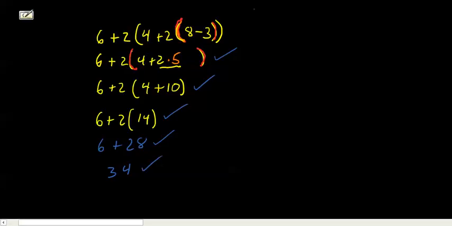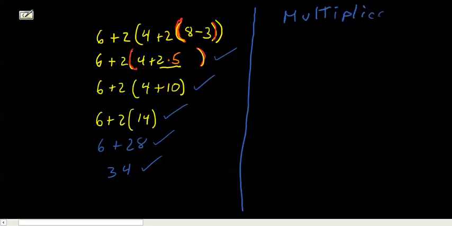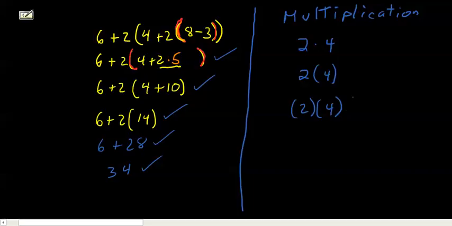This would be a good time to briefly mention how we show multiplication. Two times 4, 2 parentheses 4, 2 in parentheses, 4 in parentheses.